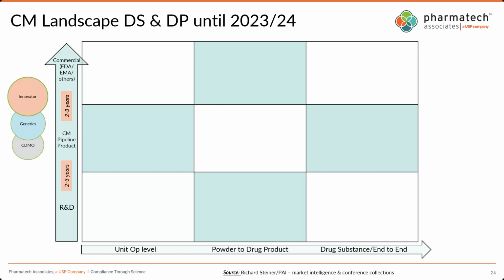Then there's what I call the big part, the powder to drug, the oral solid dosage section, which has been very prominent the last 10, 15 years, pushing this continuous manufacturing paradigm forward. And then on the right side the drug substances or end-to-end applications even.